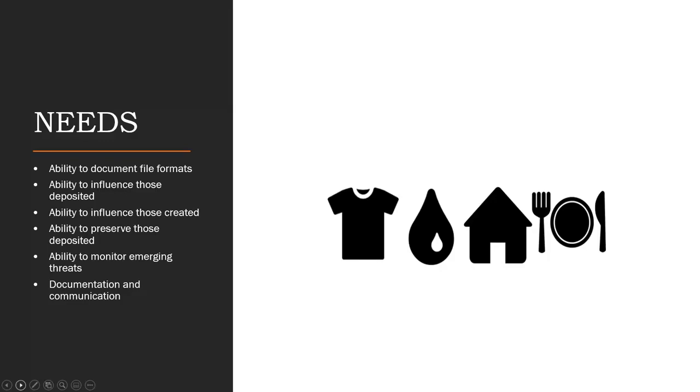A really important thing that the NARA article talked about is the importance of documentation and communication. The article talked about how what they were creating was essentially a documentation of preservation intent. They were creating file format-based preservation commitments given the organizational capabilities and requirements of collections.